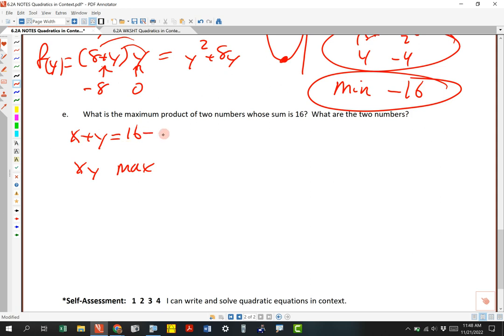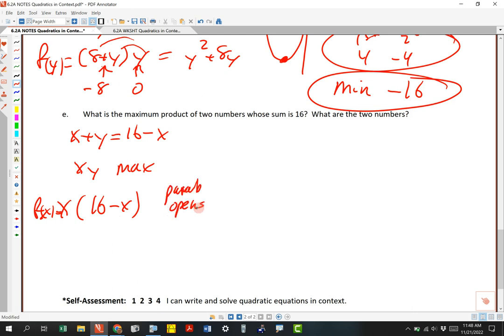I'm going to solve for the y again, so I'm going to subtract from 16. So this is going to be x times 16 minus x. And this will be a little more comfortable because this is like an f of x. What shape is it? Parabola.